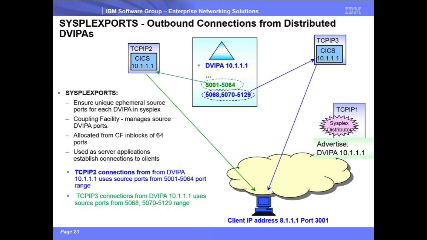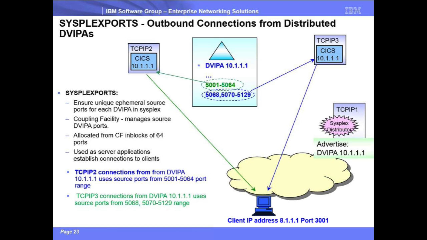So for example, if the applications on TCP/IP1 and TCP/IP2 represented by a distributed DVIPA 10.1.1.1, if we had an outbound connection from these CICS applications to the client IP address and we were not using Sysplex ports, then it's possible that TCP/IP2 and TCP/IP3 would choose the same ephemeral port for each application to use.